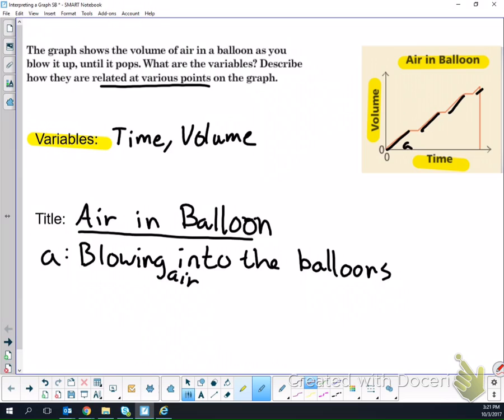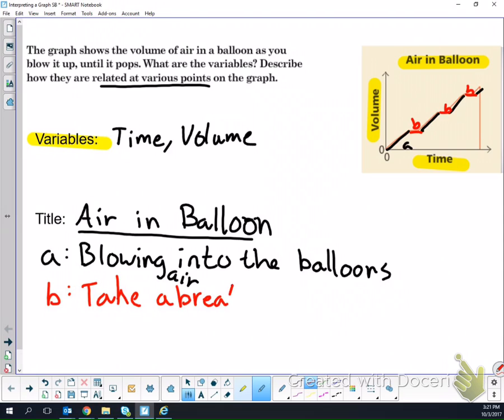Now, other than that, we've got these sections right here where it's not gaining in volume. It just kind of stopped. So what could that be? Well, I'll demonstrate. You gotta take a stop to take a breath as you're blowing up a balloon.